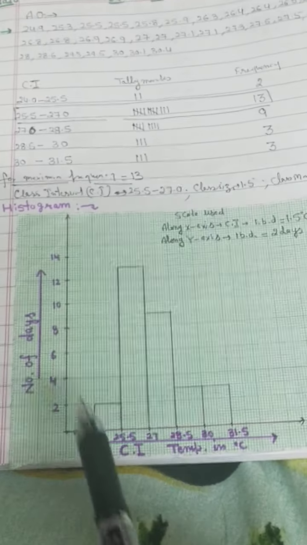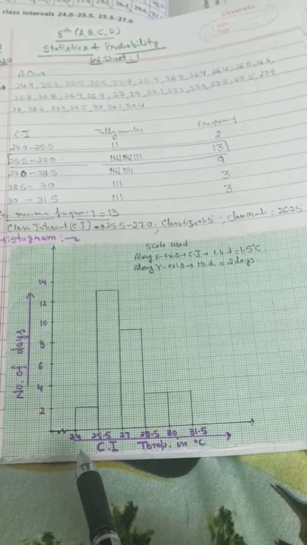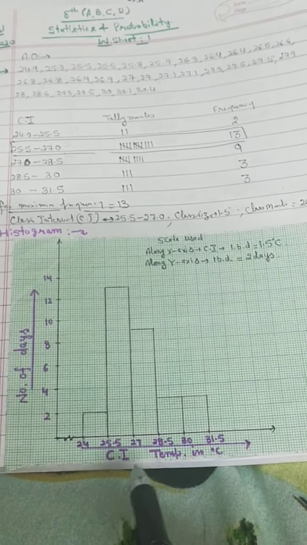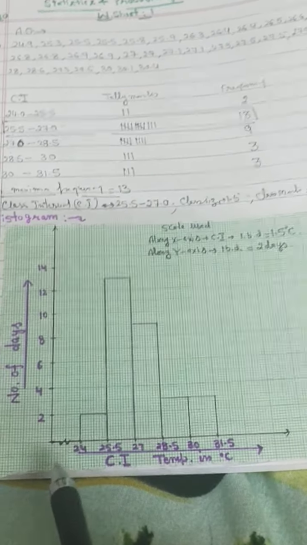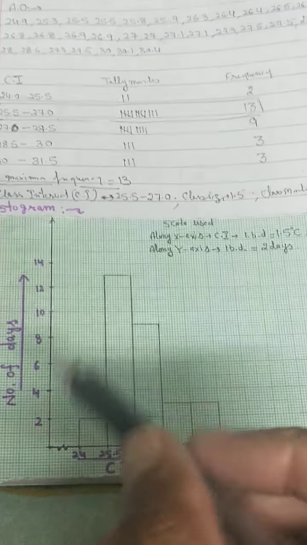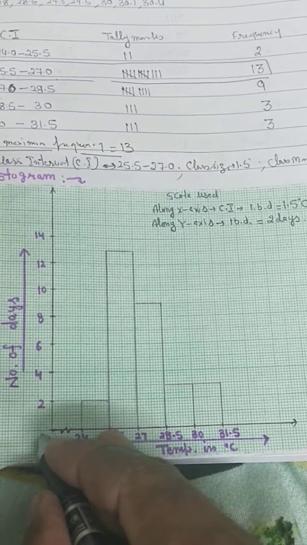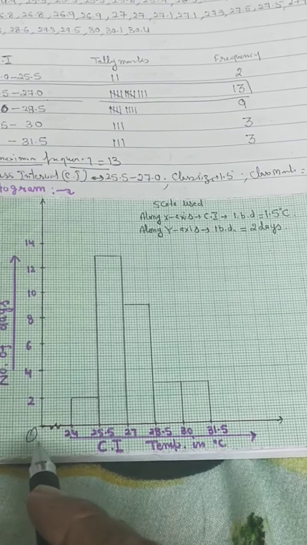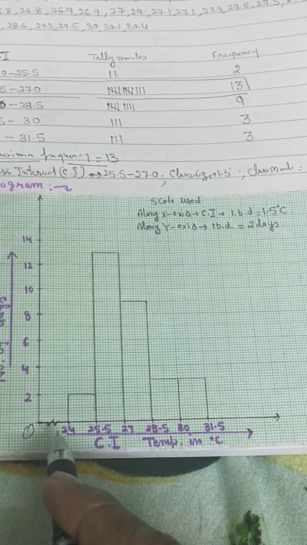And then the histogram. For the histogram, take your horizontal line and vertical line, the x-axis and y-axis. On the x-axis is temperature in degrees Celsius. We start from 24, and from 0 to 24 we draw a kink. Kink means we do not consider all the numbers from 0 to 24.